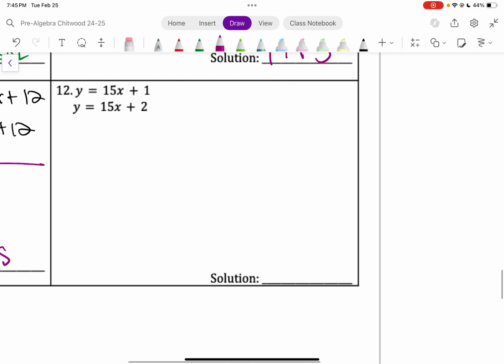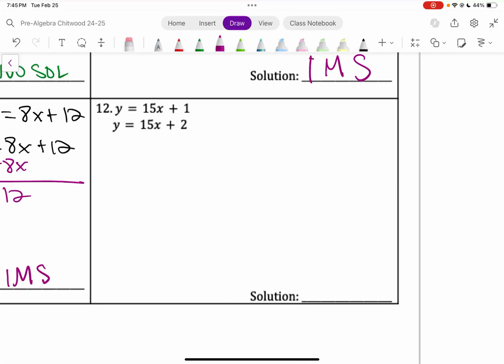All right, and our very last one, I have a variable being given to me. I have y equals and y equals. If I know that y equals 15x plus 1, but it also equals 15x plus 2, then that means that 15x plus 1 equals 15x plus 2.